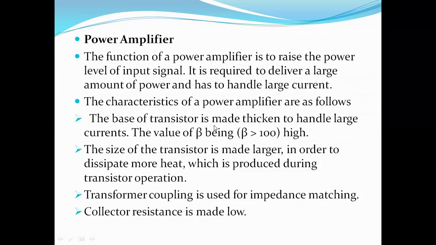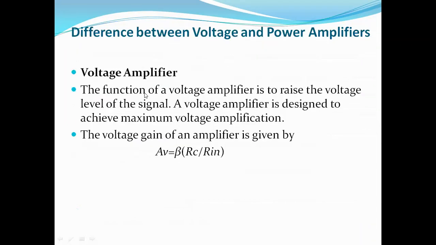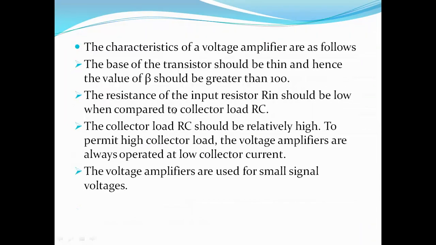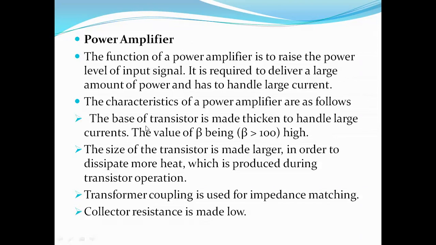Here, the collector current is high. And next, if you take a voltage amplifier, the base region is thin. If you take the power amplifier, the base region is thick. That is the difference.